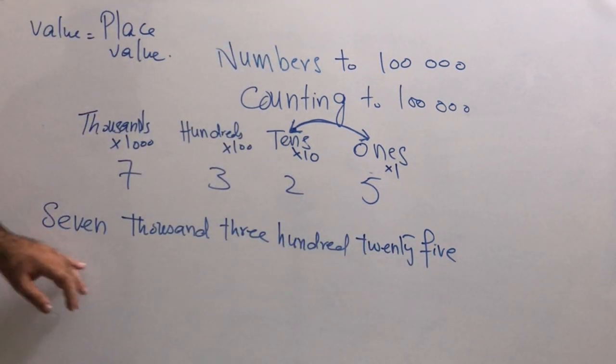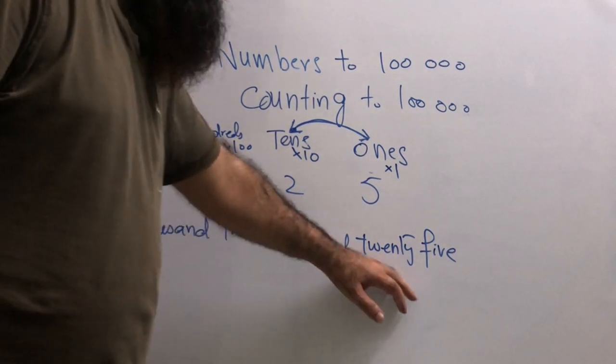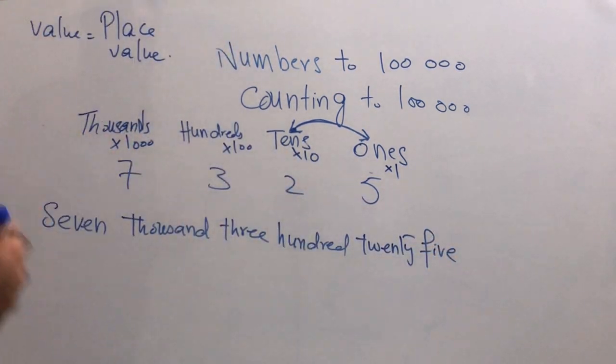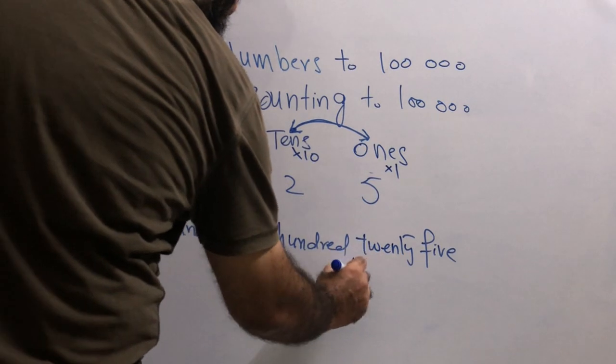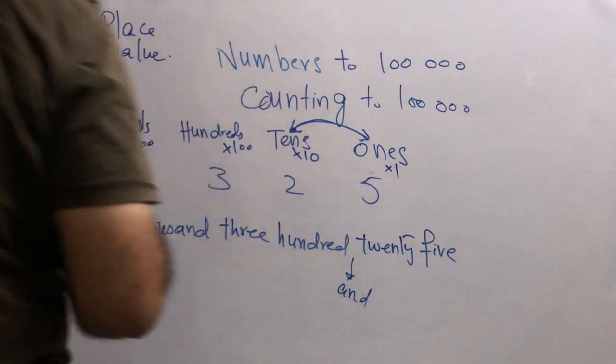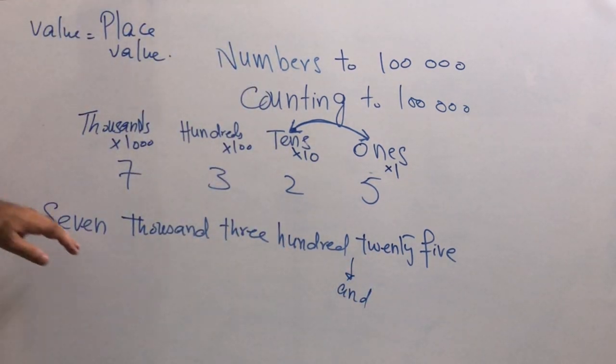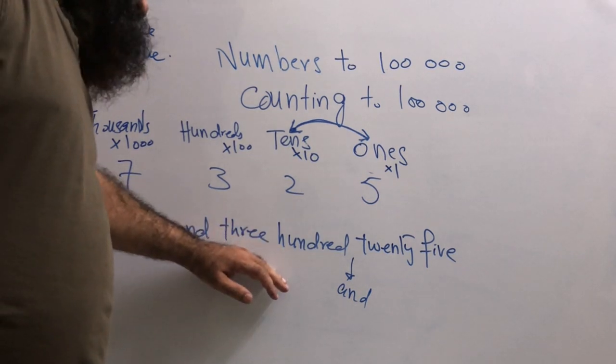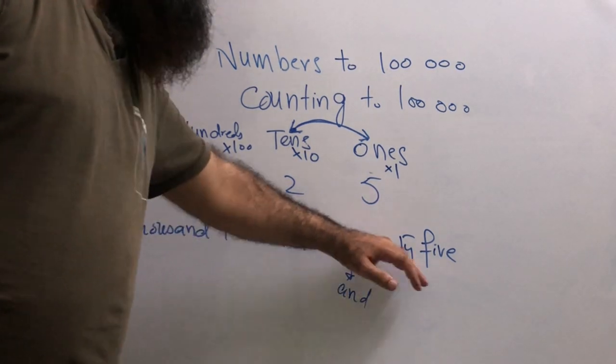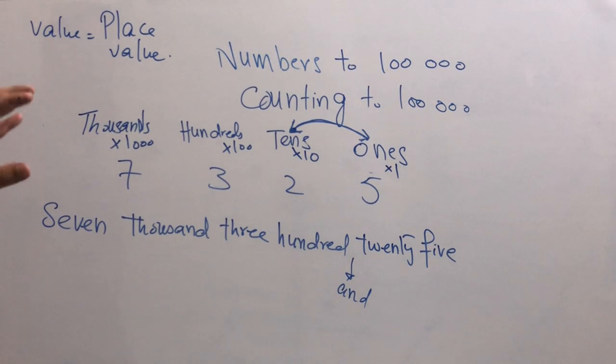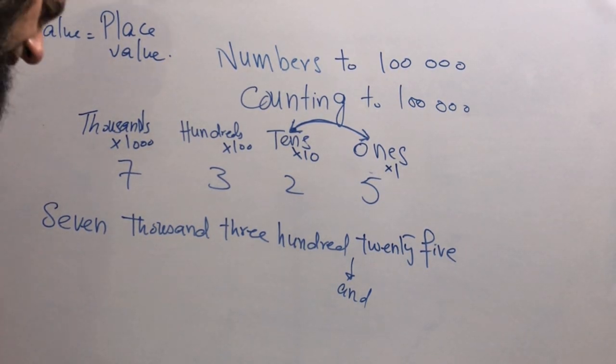Okay. If you want to put here and, it's okay. If you don't put, it will not harm. This is in alphabets. In English, we can write this one like this.